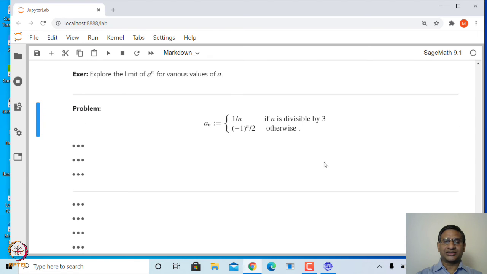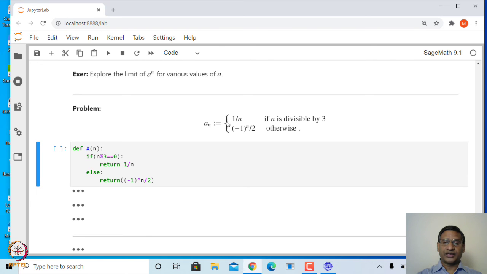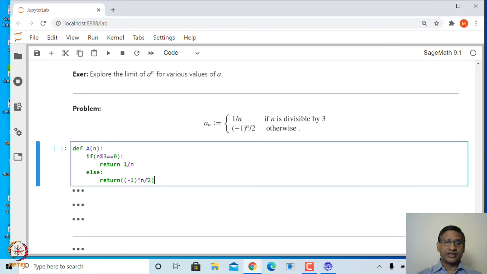Let us look at this sequence a n, which is equal to 1 by n when n is divisible by 3, and is equal to (minus 1) to the power n by 2 otherwise. You have to define this using def, and whenever 3 divides n, you return 1 by n, and otherwise you return the second component.